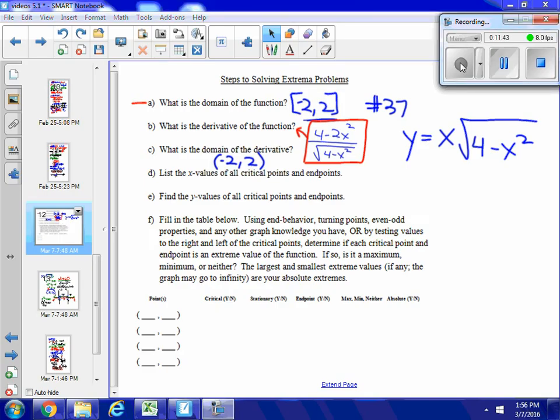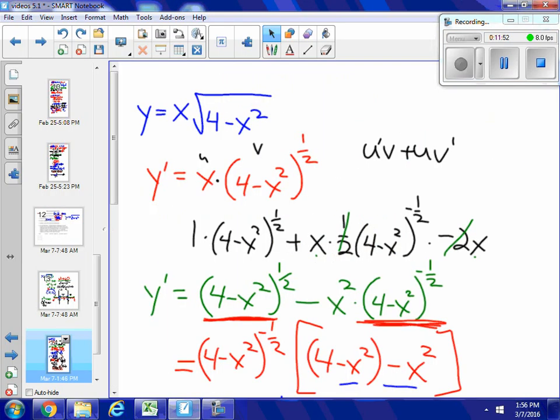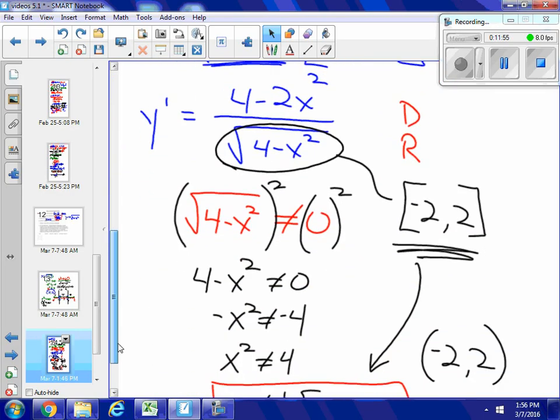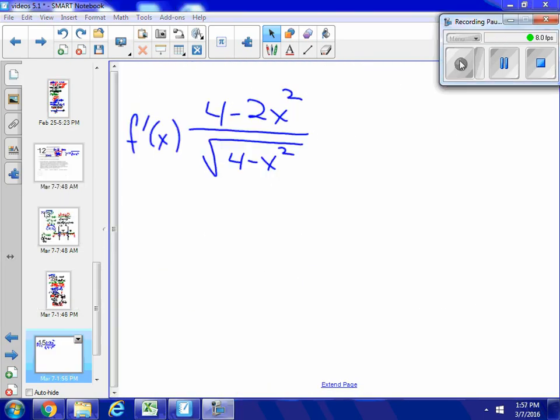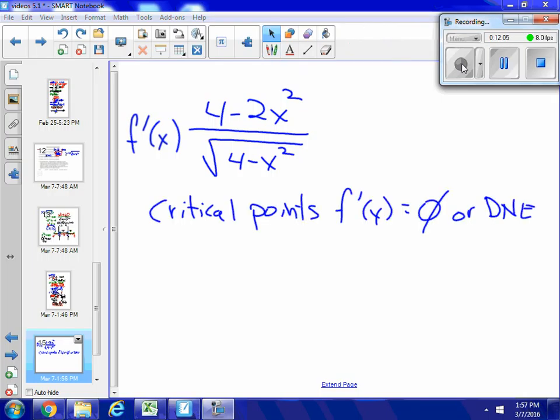So part D says, list the x values of all critical points and endpoints. All right, well, let's go do that. So I need to find my critical points and endpoints. Here's my derivative, and I know the critical points are where the derivative equals 0 or where it does not exist. So if I want to find out where it equals 0, I take the numerator and I set it equal to 0.